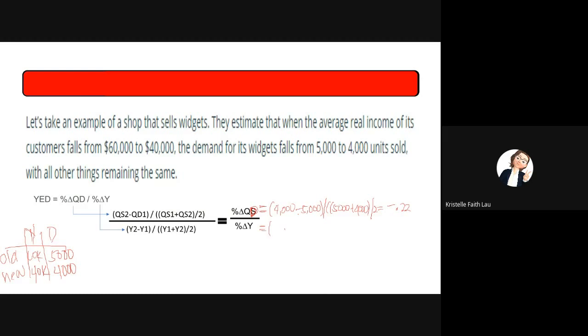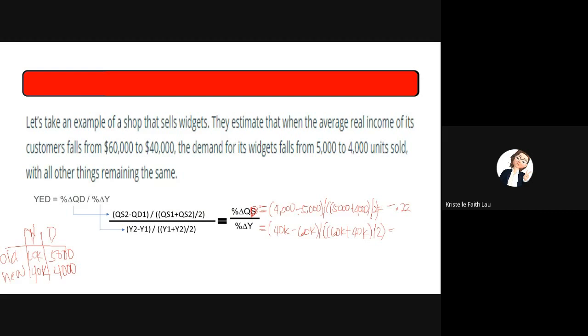Then for the income, we have 40K. So shortcut na lang: 40K minus 60K, divided by 60K plus 40K, divide sa 2. Equals.